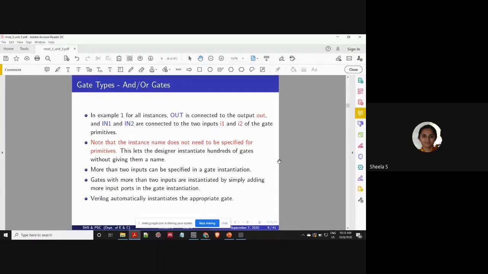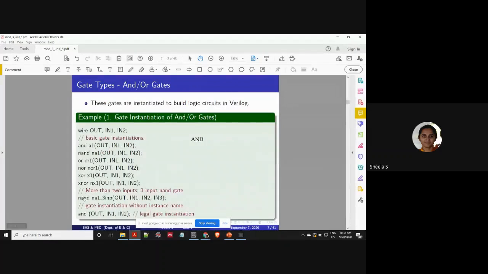Also see here, for the 3 input NAND gate I have used the primitive gate NAND, and for the 2 input also I have used the primitive gate NAND. I have not changed it. Since for n number of inputs a predefined primitive gate is available, I need not use NAND 2, NAND 3, NAND 4 like this to represent how many inputs there are.